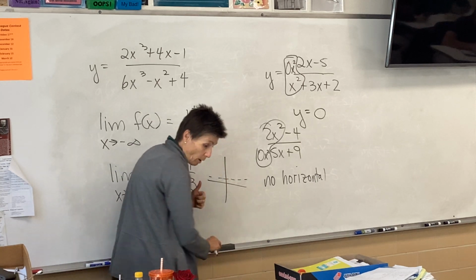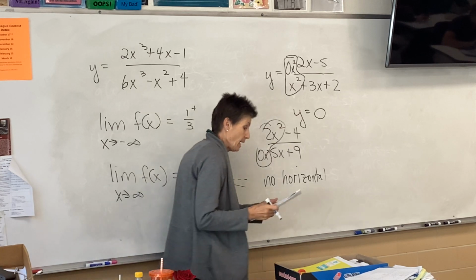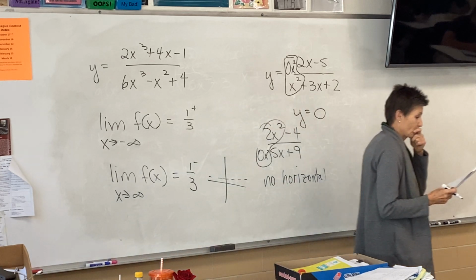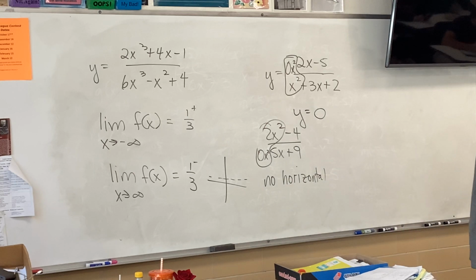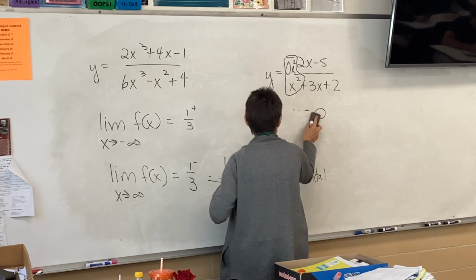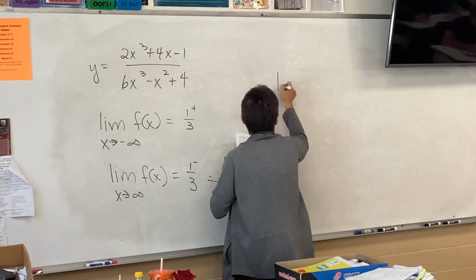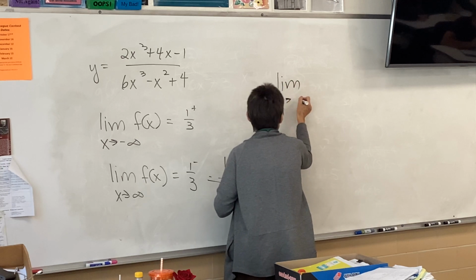But anyway, one more and then we'll stop. How about B? Before we graph it, can you tell me what the horizontal asymptote's gonna be? Yep.